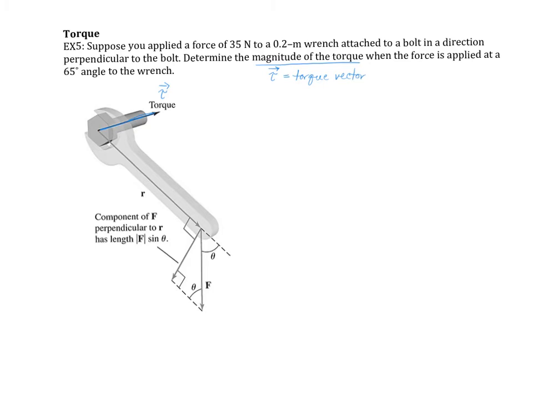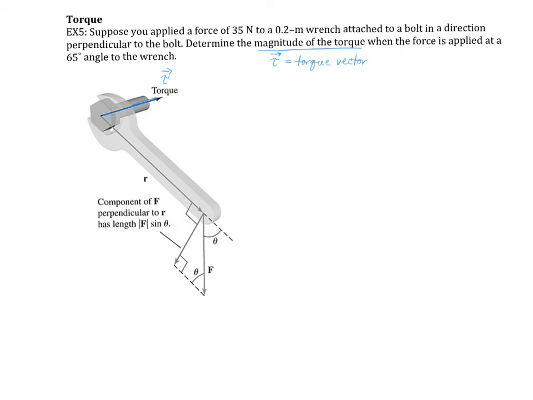And now I'm going to apply a force. Typically we use capital F when we talk about force. So if you look down at the handle of your wrench, because that's where you're going to be applying your force, we're going to try to move the handle of the wrench in a downward motion. So we're going to have this downward force.